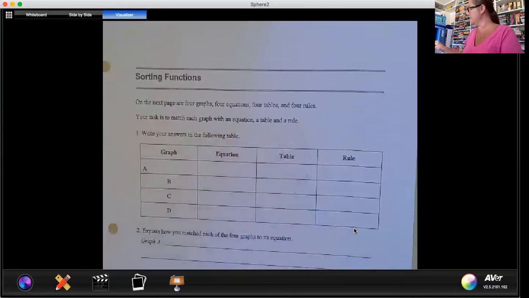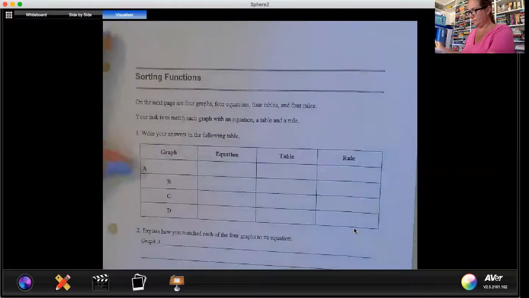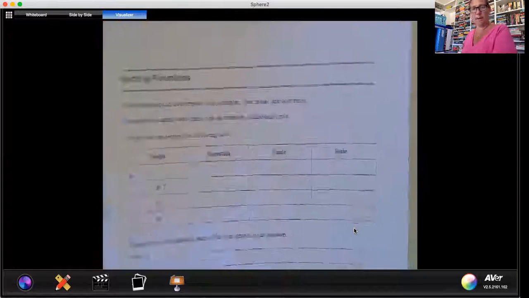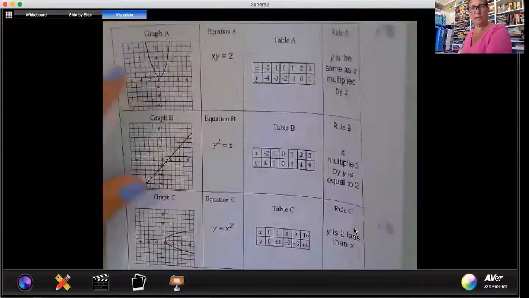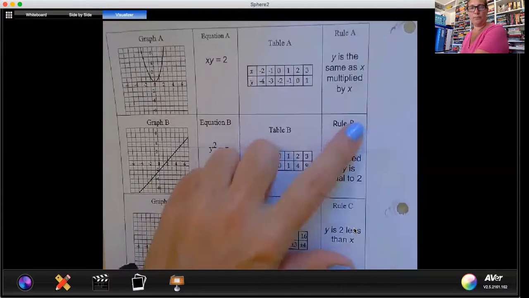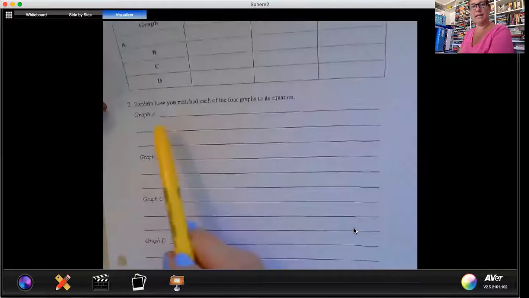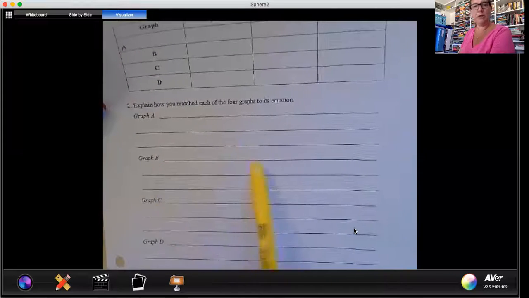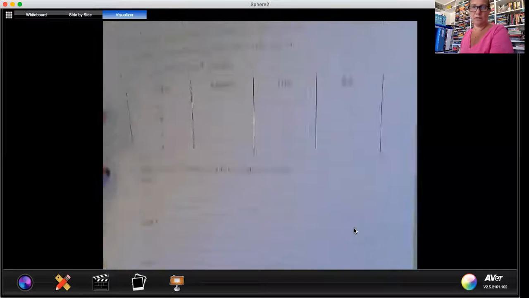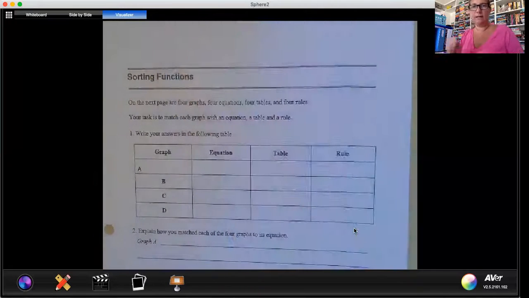And so we did something very similar to that here. So over on the back, you have a graph, an equation, a table, and a rule. So you are going to fill the information out here in the chart and then explain how you matched each of the four graphs to its equation. If you need to use process of elimination, let me know if you guys have any questions.